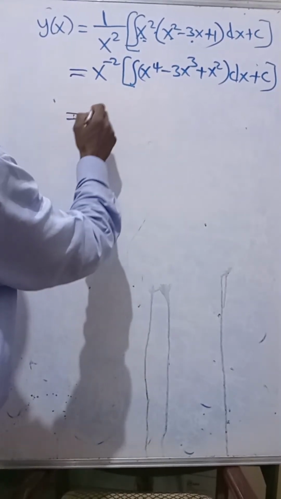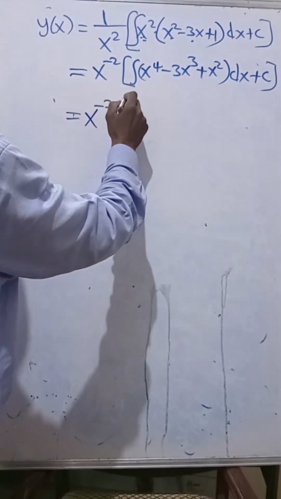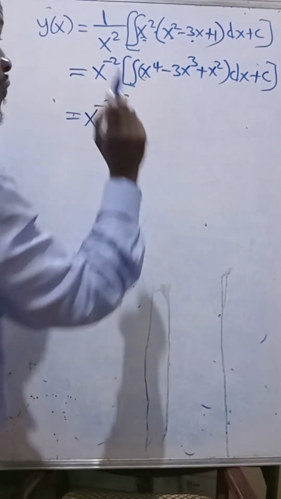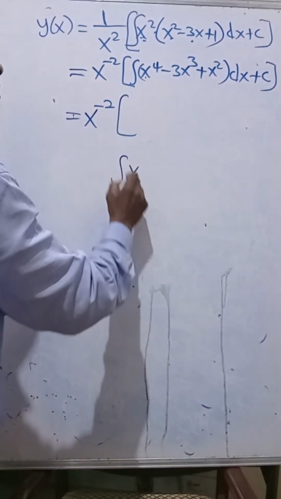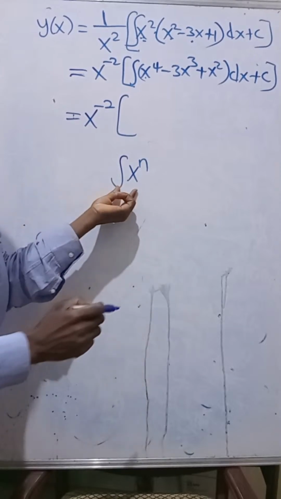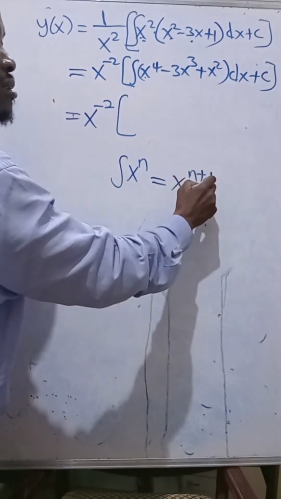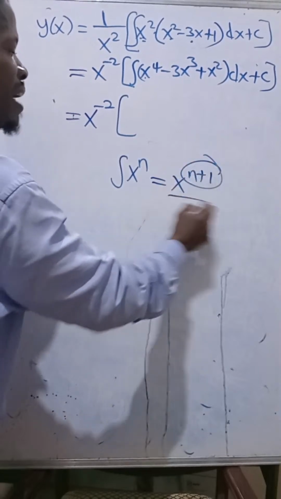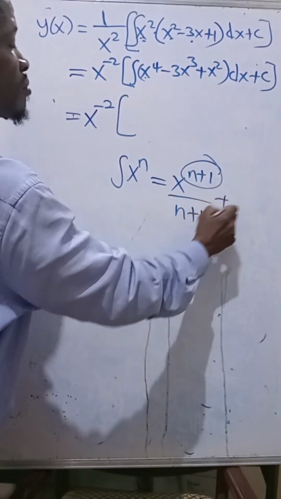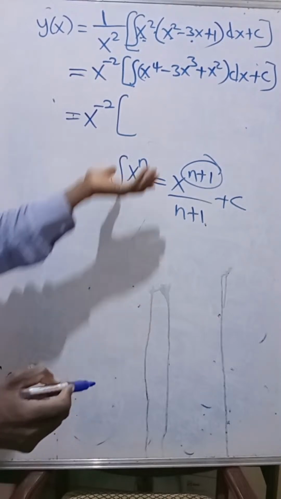So on the final note, the general solution is going to be the integral of x to the power 4. Don't forget, when you are integrating, it's going to be the function to the power plus 1, over the power plus 1, and then plus c. That is how to integrate. Let's apply that.